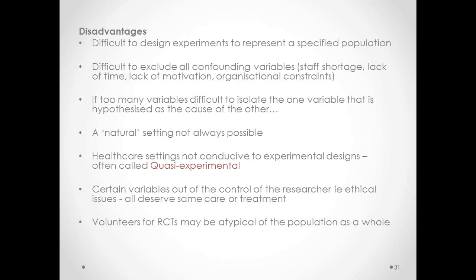If you were trying to test whether a particular drug was better than another particular drug, without putting all of your sample in lab conditions, it's that natural world and all the different things that influence the natural setting might have an influence on what the outcomes will be. It says there, healthcare settings are not conducive to experimental designs. Patients are not little white rats in labs, are they?